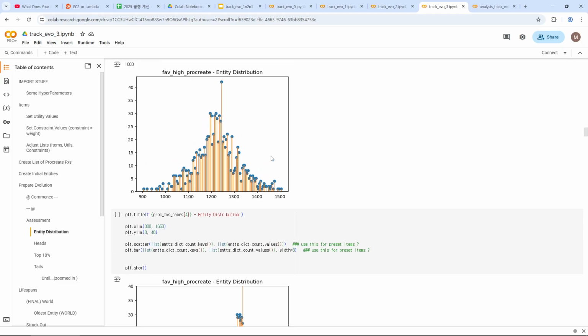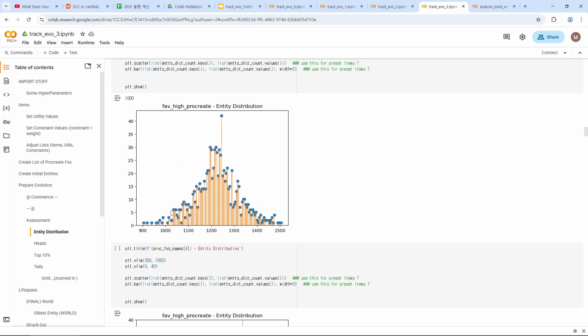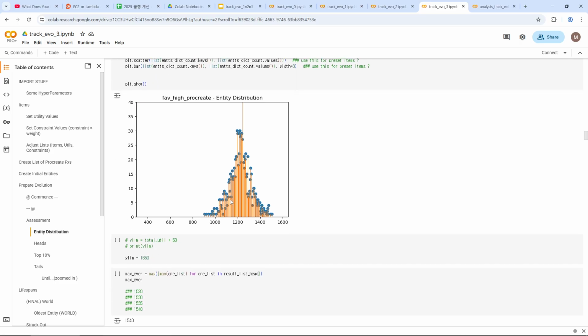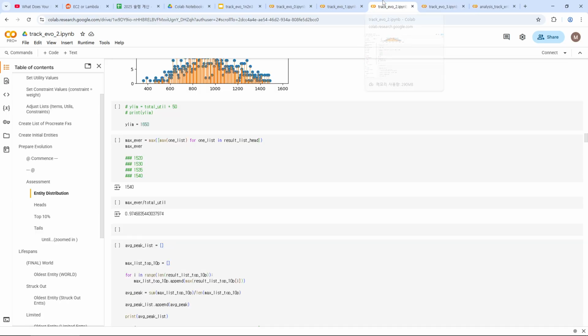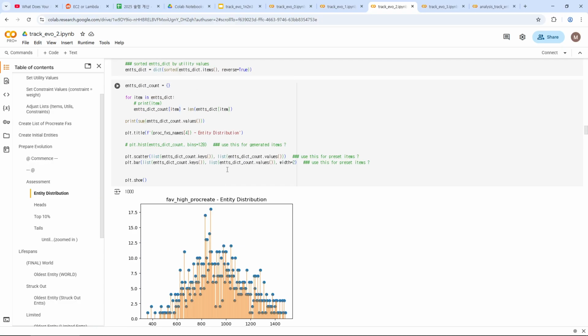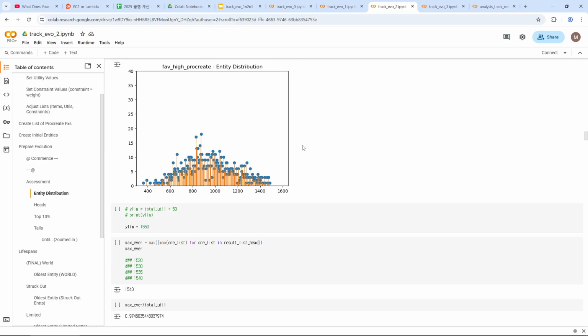It shapes the entire population into something a lot like a normal distribution curve. But it also shifts it to the right, towards the higher end. Now if you compare this to this one, these are two stark differences.